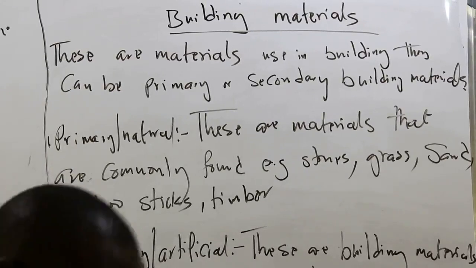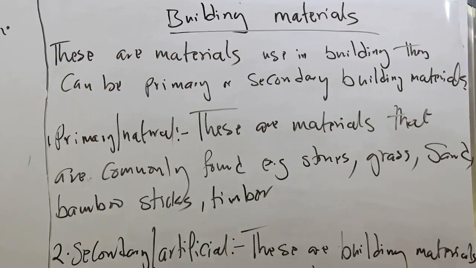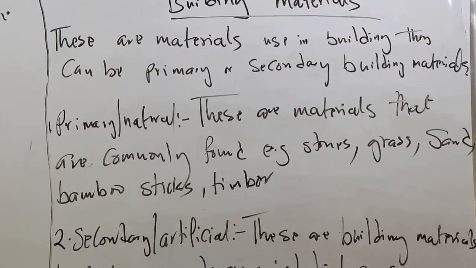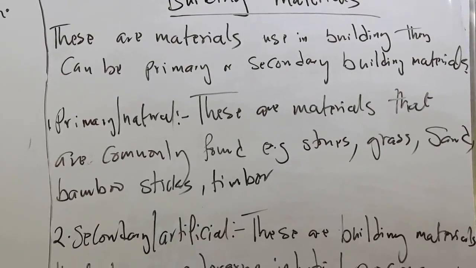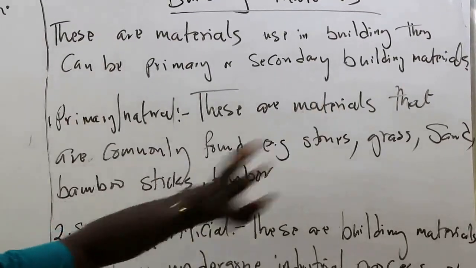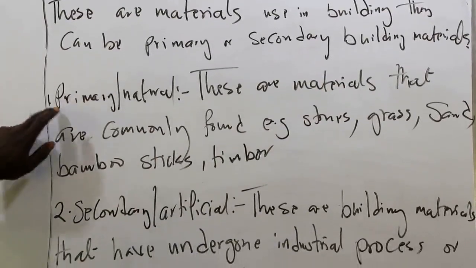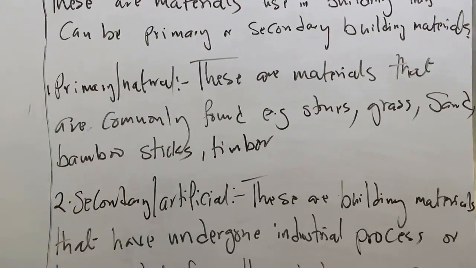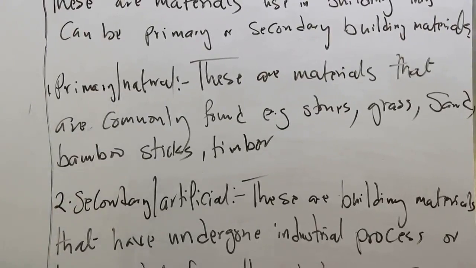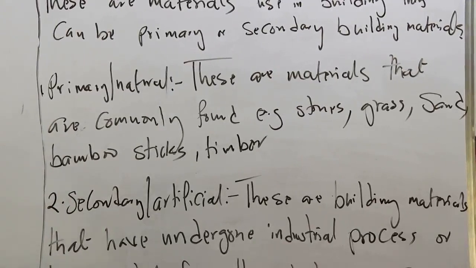Now, building materials used in building are basically in two categories. Okay, they can be primary or secondary building materials. Now we have the primary building materials. We can call them primary or natural building materials. The primary building materials, the natural building materials, these are materials that are gotten within the building environment naturally, as the name implies.